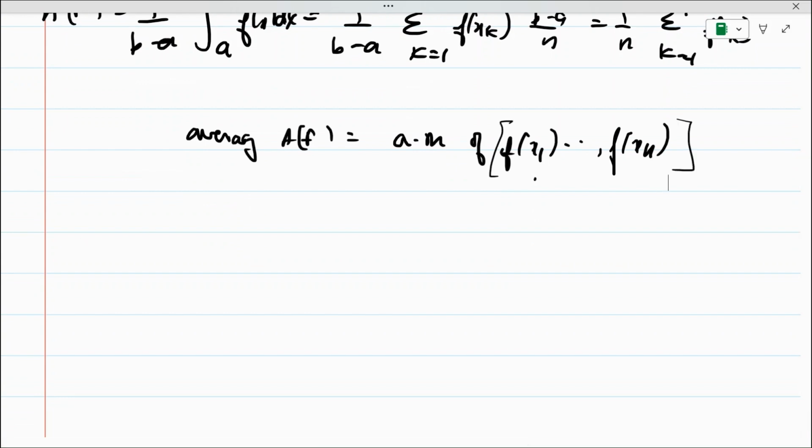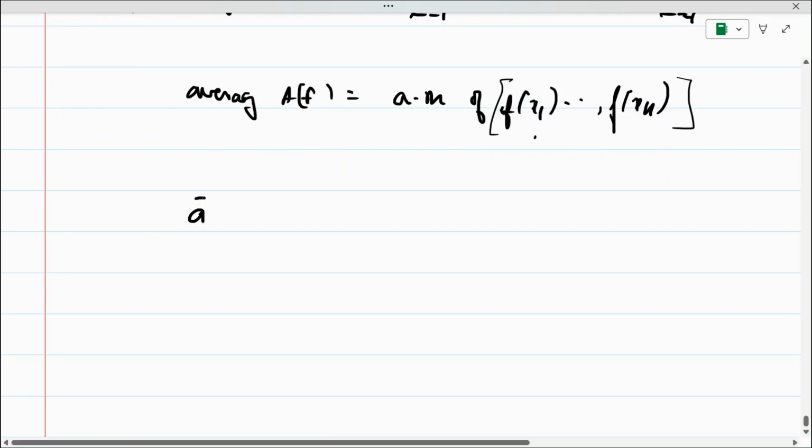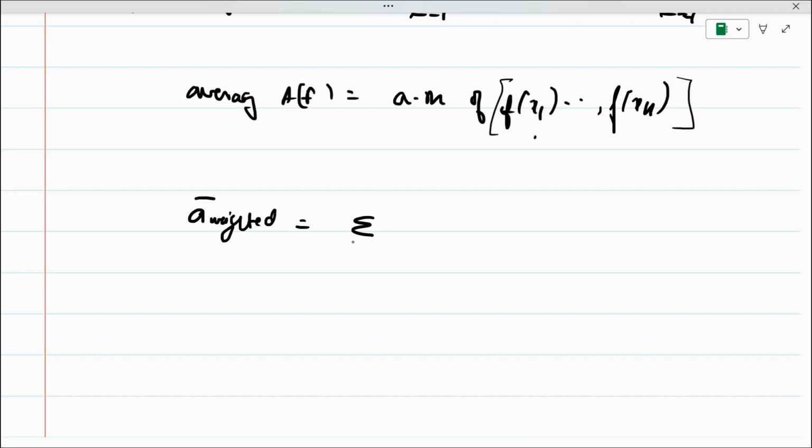Then we come to the weighted arithmetic mean. The weighted mean is equal to the mean where each of them has a weight.